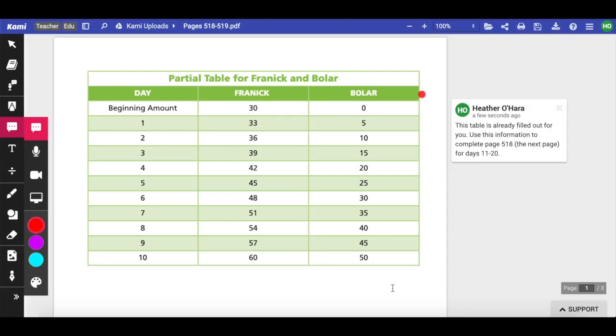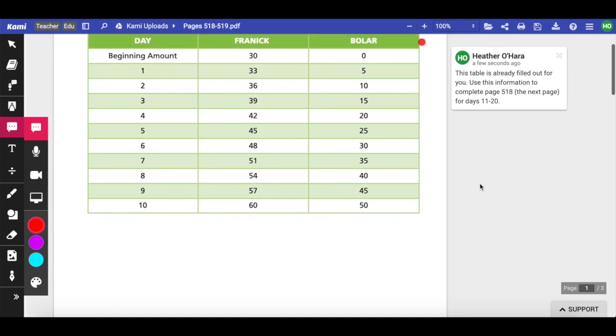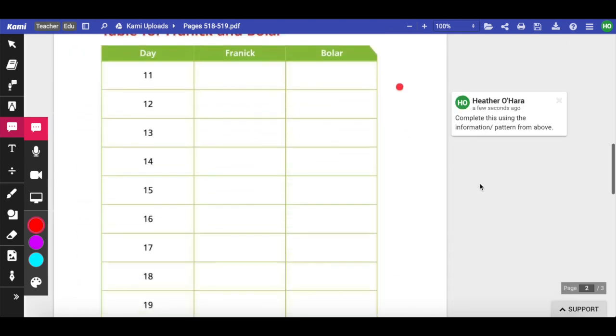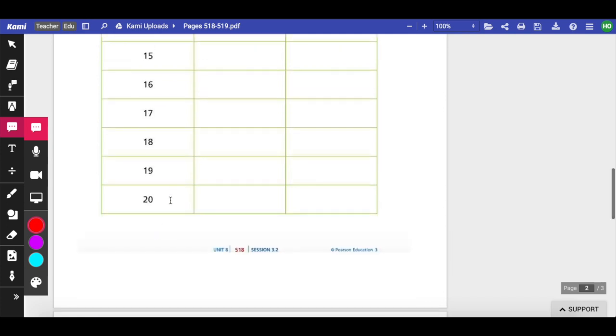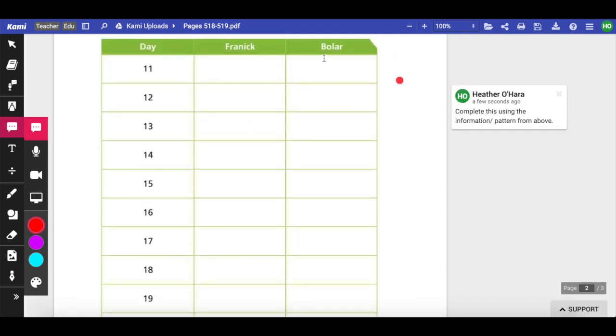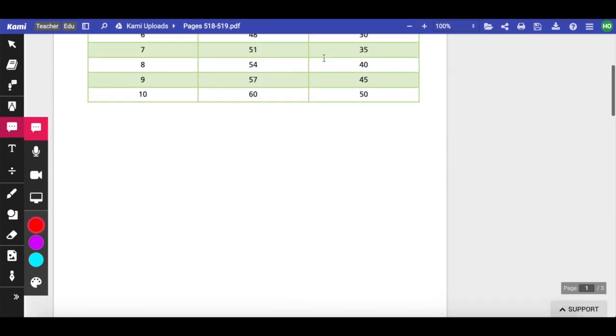Your have to for today, it's pages 518 to 519, and here is the table that we just filled out through our lesson. So it says this table is already filled out for you. Use this information to complete page 518, the next page, for days 11 through 20. So you're going to scroll down here and fill out days 11 through 20 for the amount of marbles that Franek and Bolar had, using the information and the pattern that we realized from the table that we filled out here.